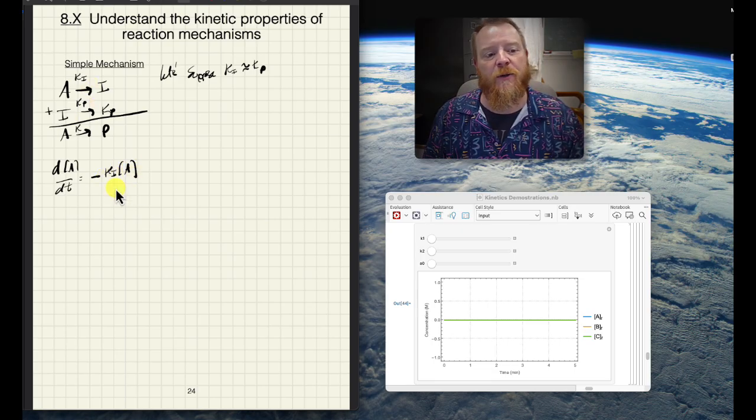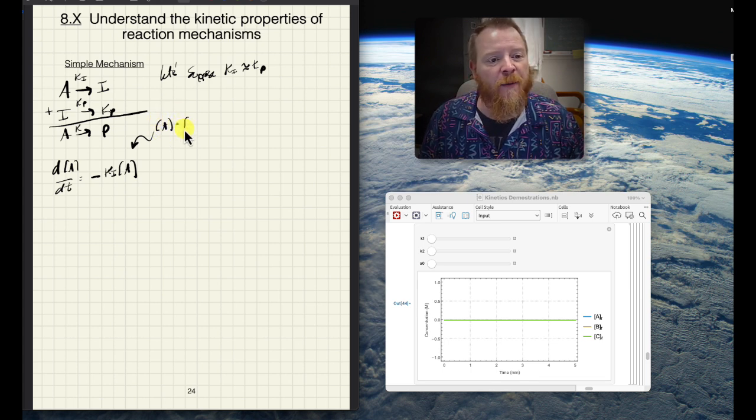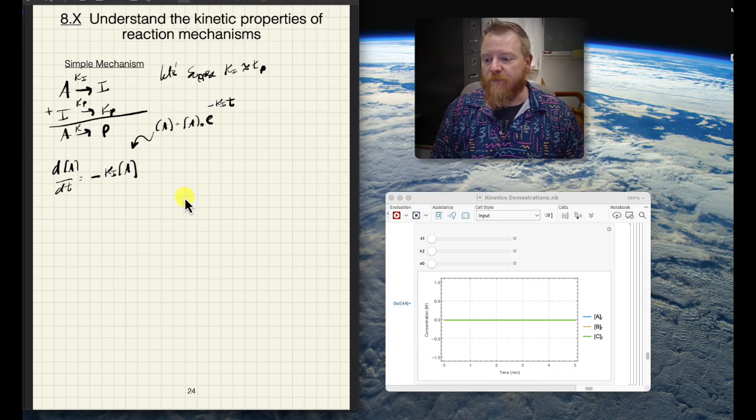And because these are elementary steps, we know that this is first order. And furthermore, we've already solved this situation, so we can already write the integrated rate law for A as the first order decay. Okay, beautiful.